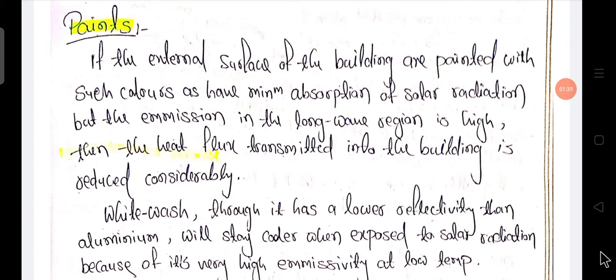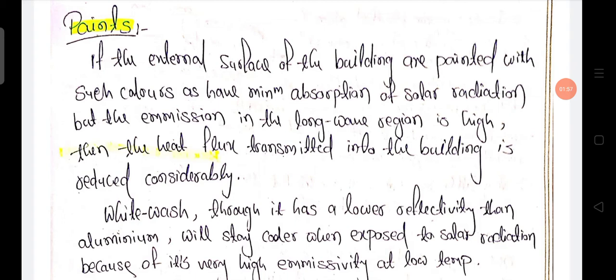Commonly, if we paint white color, it doesn't absorb solar radiation, and if we paint black or darkish color, it absorbs more and more radiation.